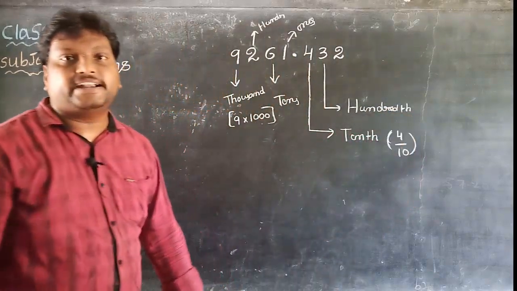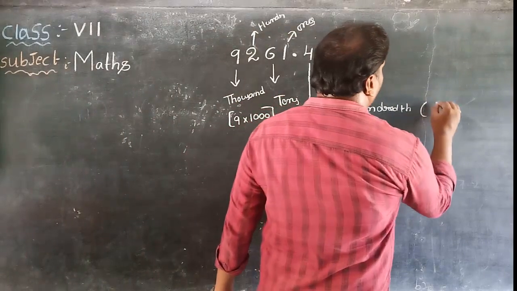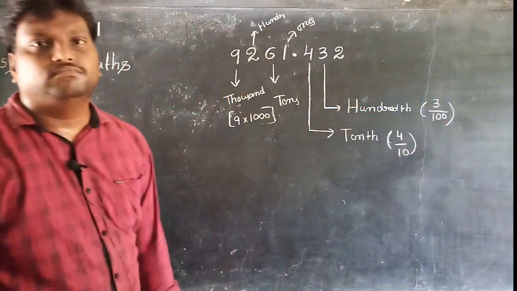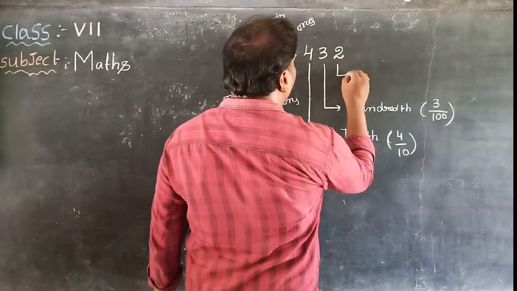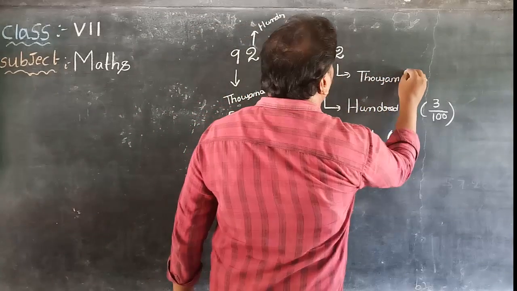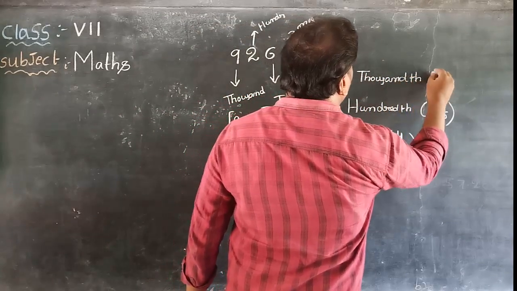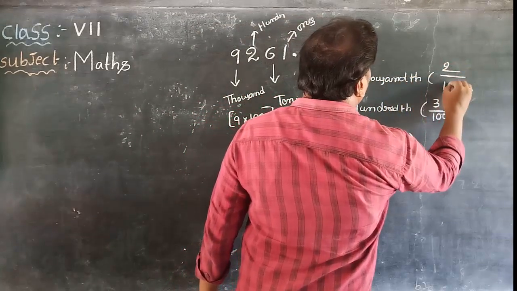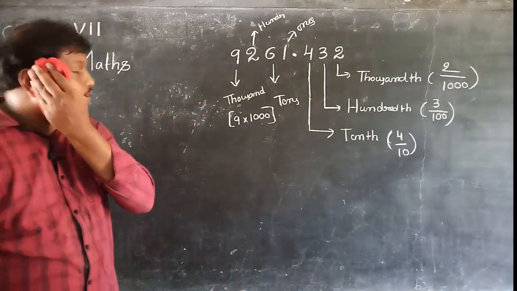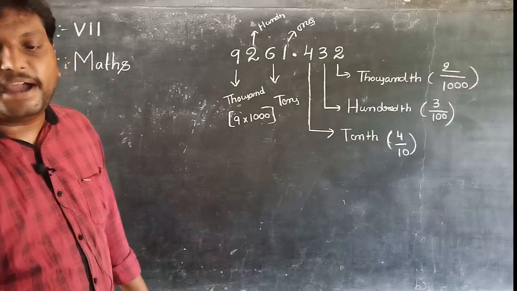Okay, 3 is in the 100th place. 100th place is nothing but 3 by 100. 2 is in the 1000th place, 2 by 1000.